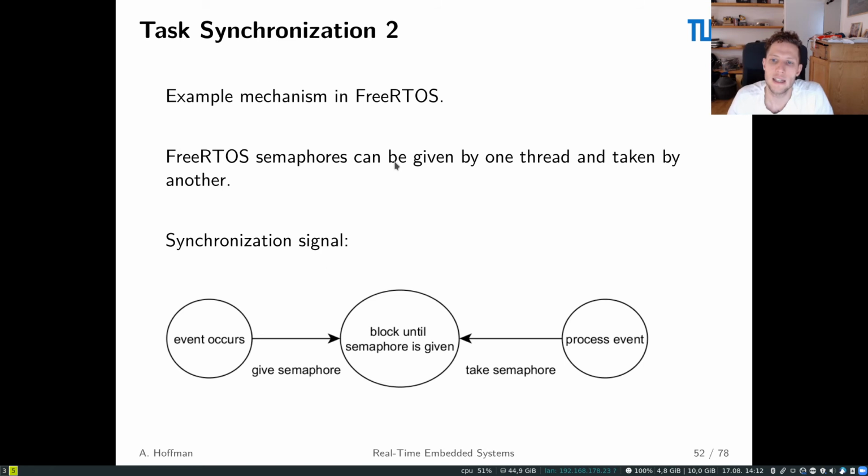A synchronization example is that some event happens and gives a semaphore while the processing task is trying to take it. While it's trying to, it's going to block and wait until the semaphore is available to be taken. Then this processing happens as a result of the passing of the semaphore. So the key difference is that in FreeRTOS, semaphores are given by one task and taken by another task.